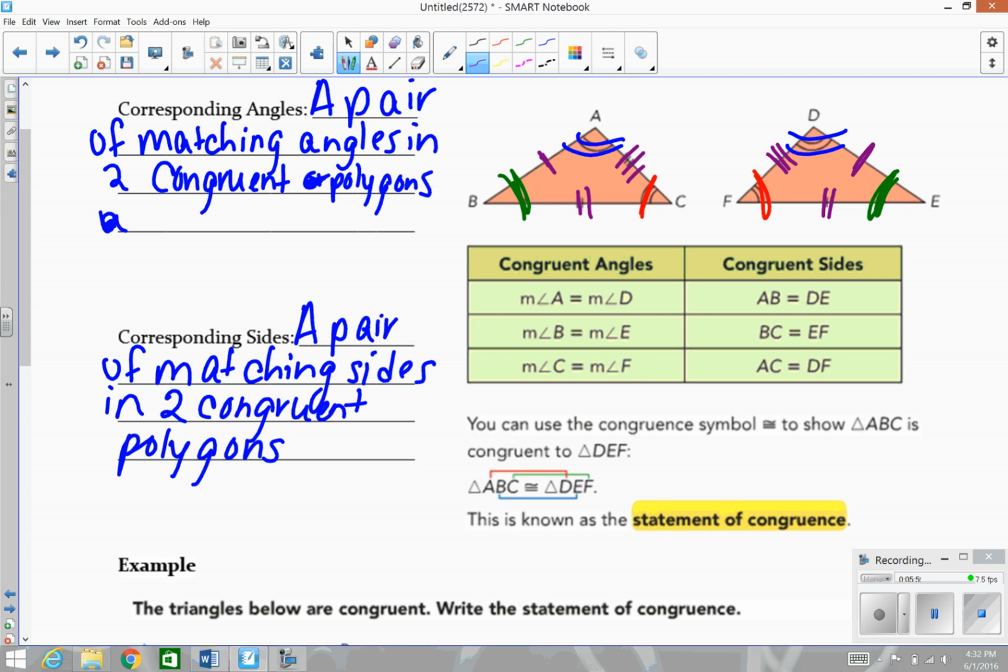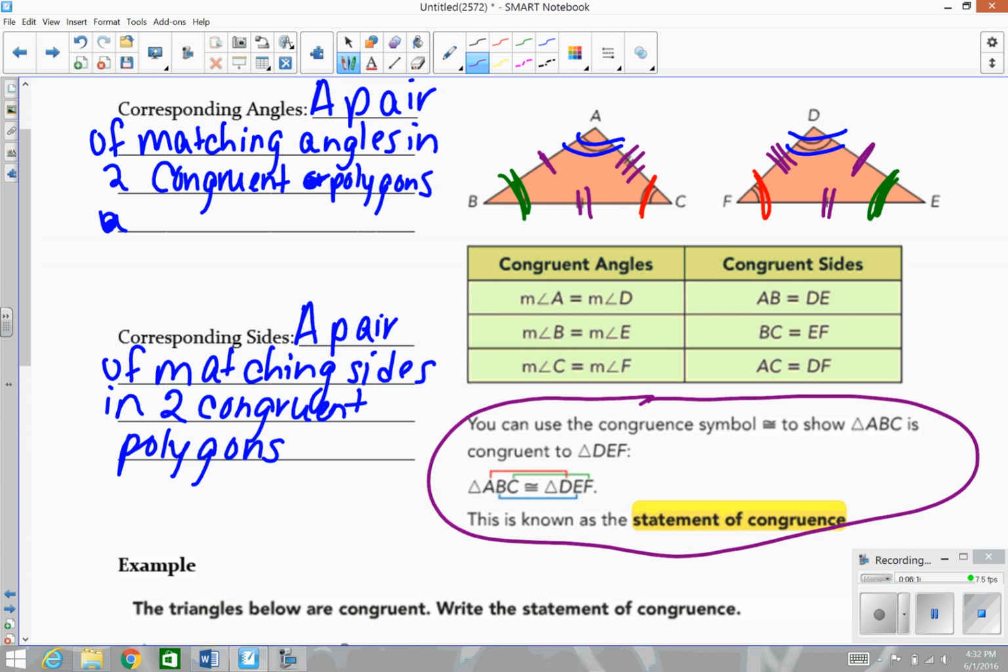And you'll notice how the matching angles have the same number of bars, the matching sides have the same number of little dashes. That's how you show congruence and that they're corresponding. Okay, and then we have our statement of congruence down here. Because we have congruent angles and congruent sides, we can say the triangle ABC is congruent to DEF.